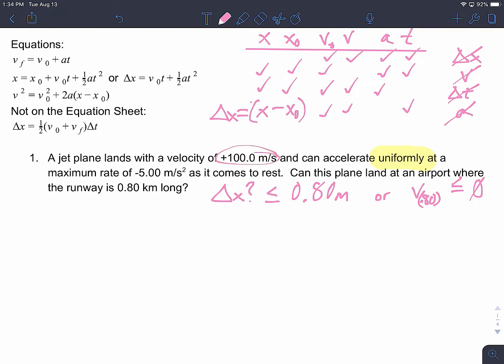Our 100 meters per second in the positive direction is our initial velocity, because the plane is coming in for a landing, so it's coming in at 100 meters per second. And our goal, hopefully, is for it to stop.